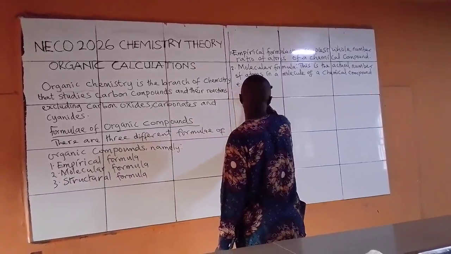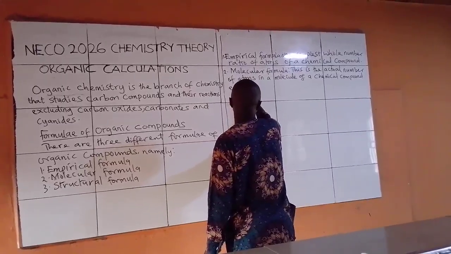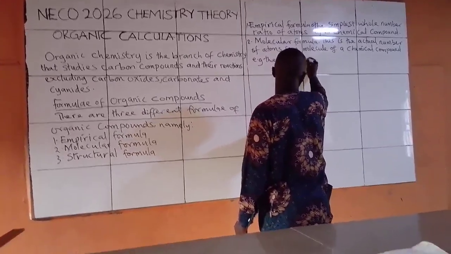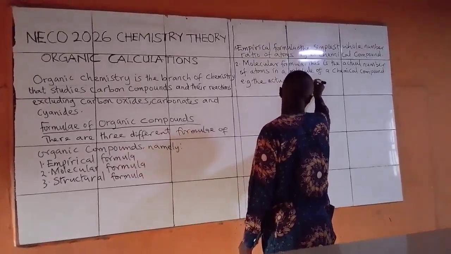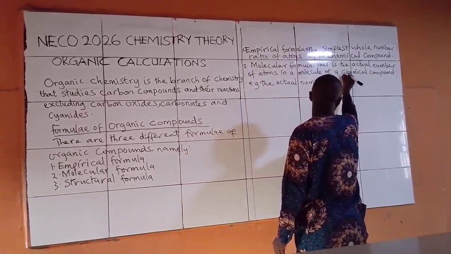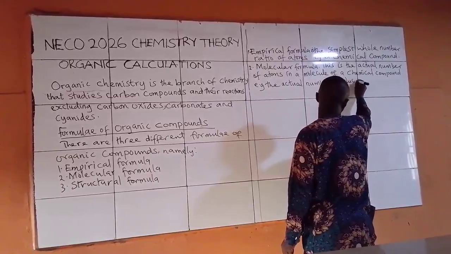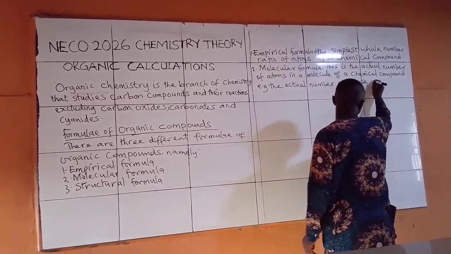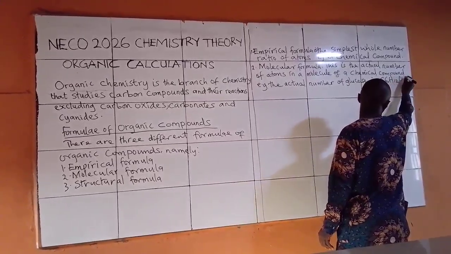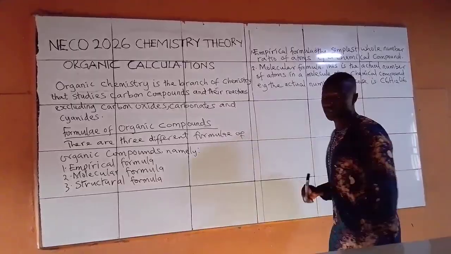For example, the molecular formula of glucose is C6H12O6.